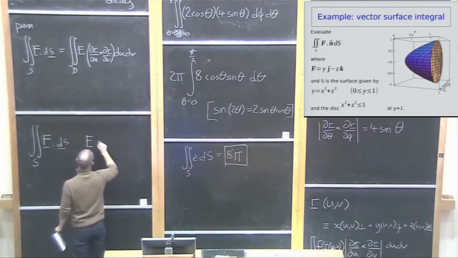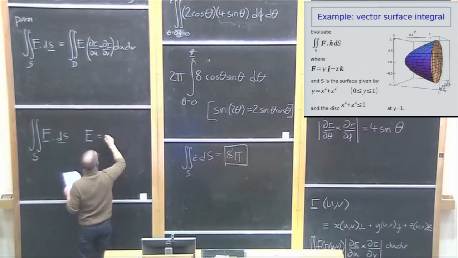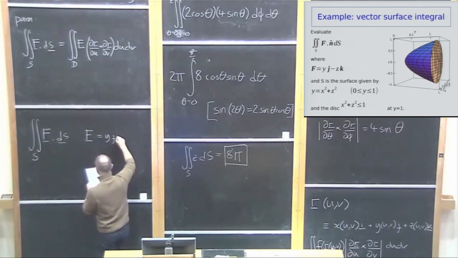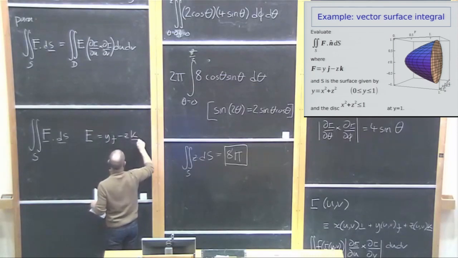So the first thing you need to know is what's your vector field. Your vector field is yj minus zk.